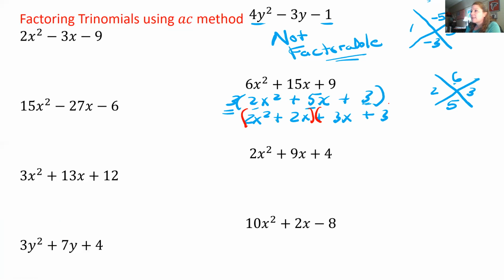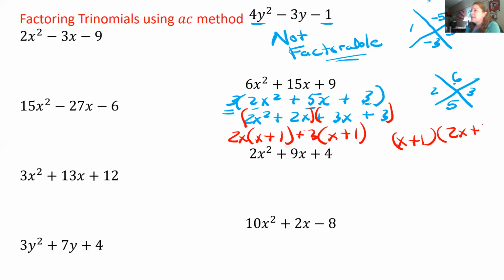So we got this and this. So we're going to bring out a 2x. We have x plus 1. And then we're going to bring out a positive 3, and we get x plus 1. So our answer is x plus 1 times 2x plus 3. And then don't forget that we factored out a 3. There we go. How's that?